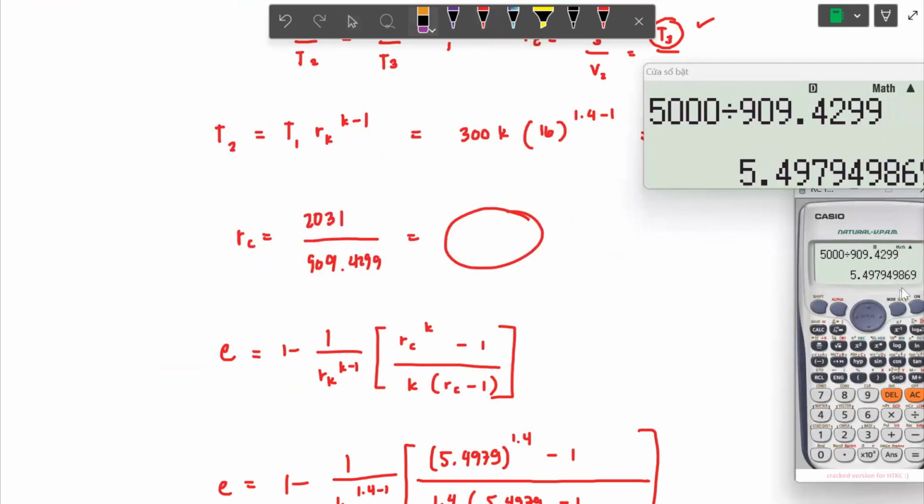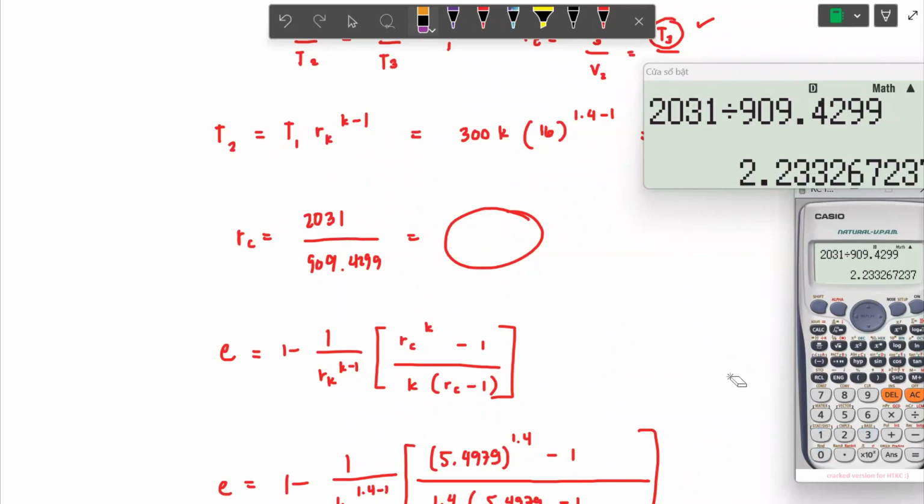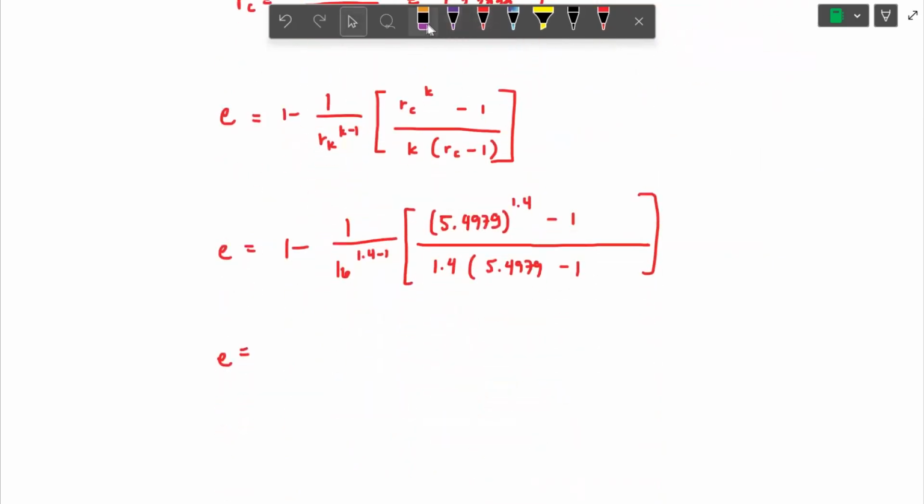Okay, balik tayo sa calculator. 2031 divided by 909.4299 is 2.2333. Yan. Palitan ko na dito, 2.2333. Ayan. So, E. Solve na natin yung E.